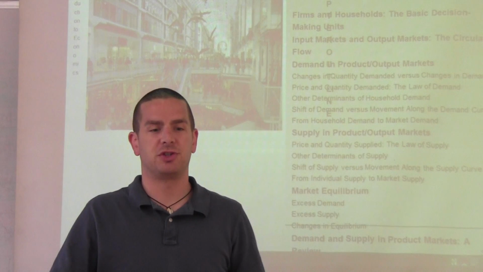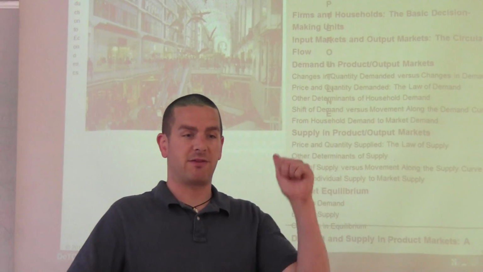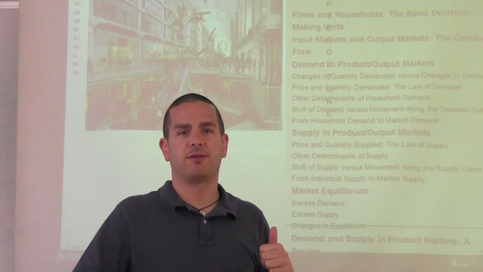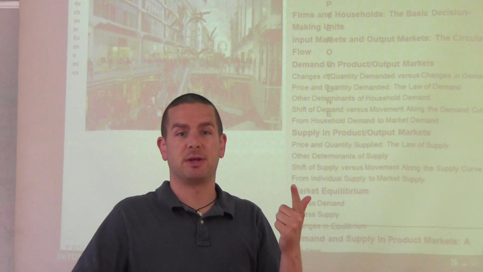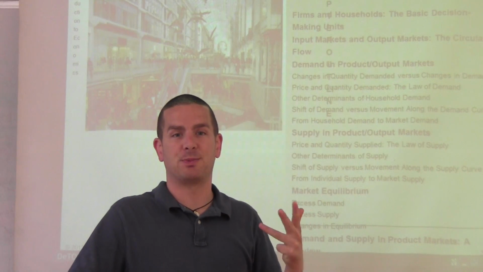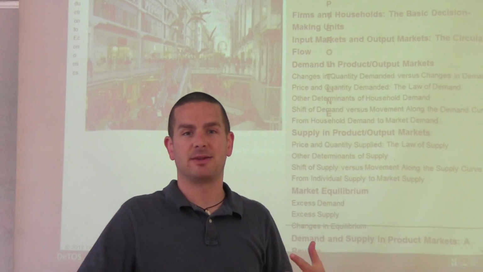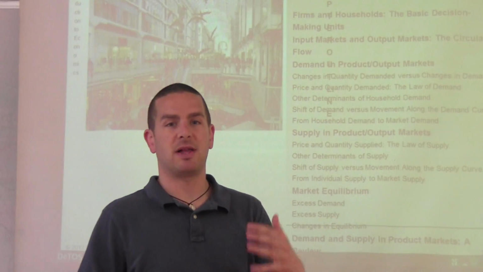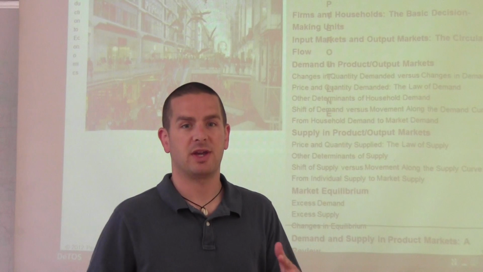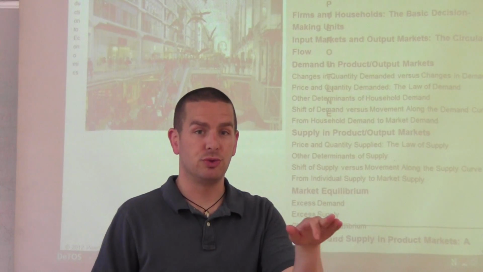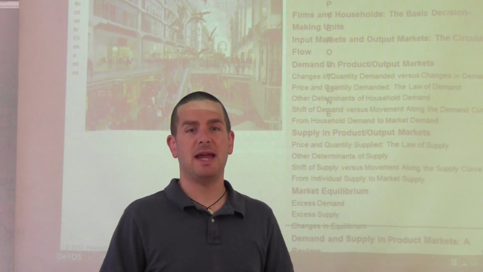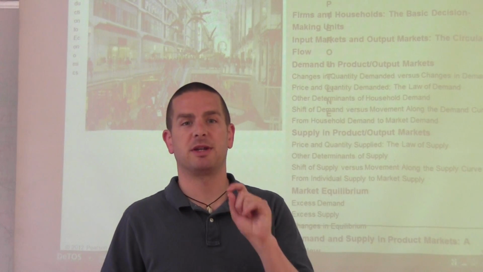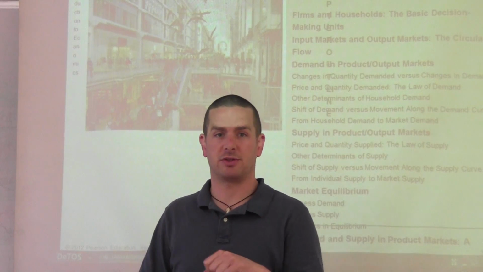If you remember back from last week's material, the expenditure approach, it refers to consumption, investment, government spending, and net exports. So an easy way to remember these concepts is that supply refers to what businesses produce, and demand refers to the expenditure approach: consumption, investment, government spending, and net exports.